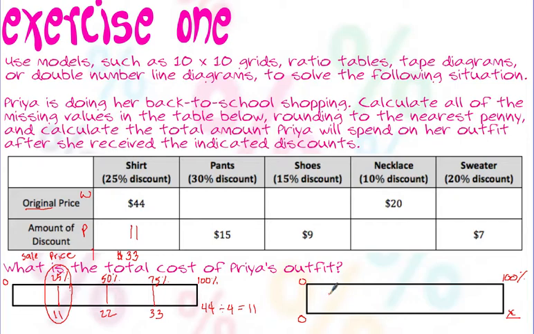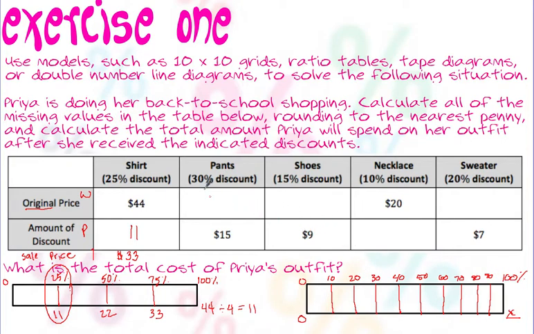So the best way to do that, we're just going to go by tens. So we have 10, 20, 30, 40, 50, 60, 70, 80, 90, 100.